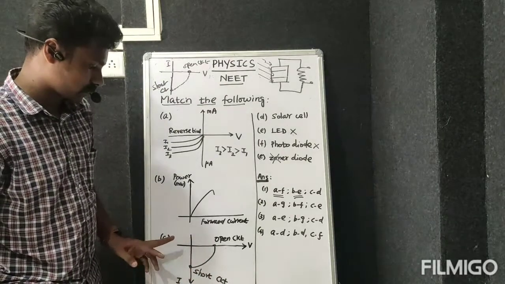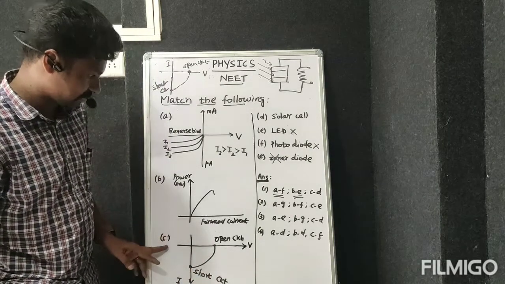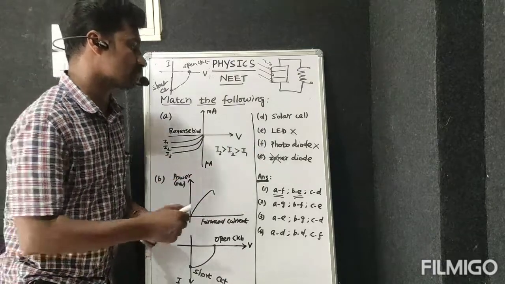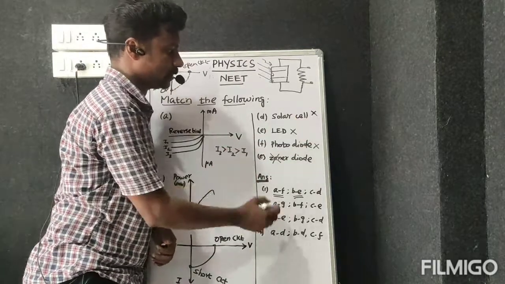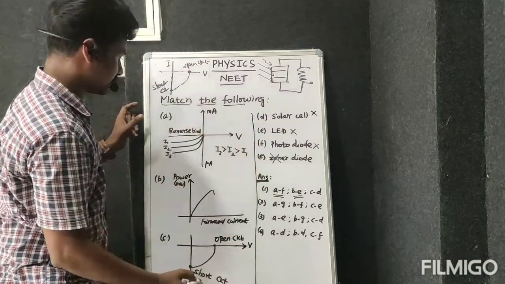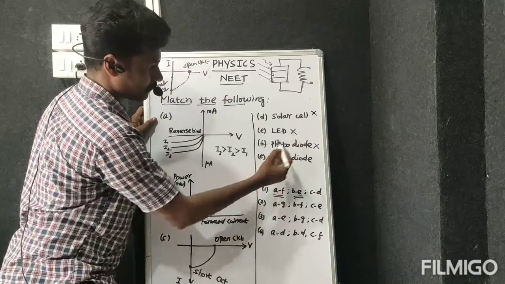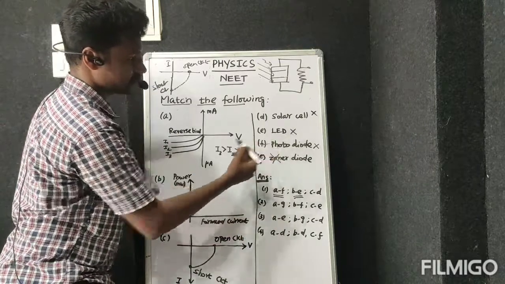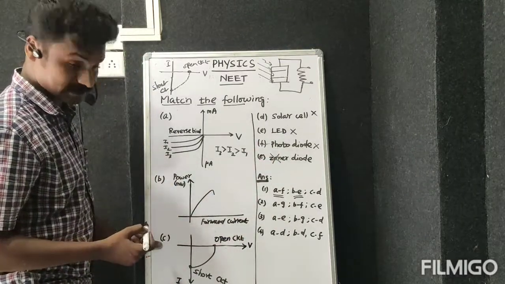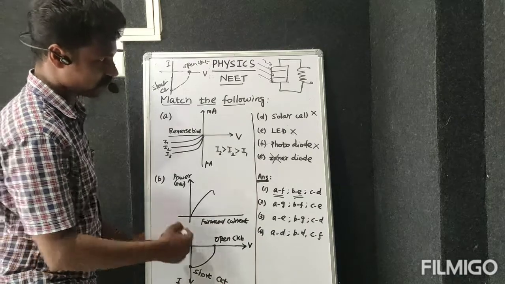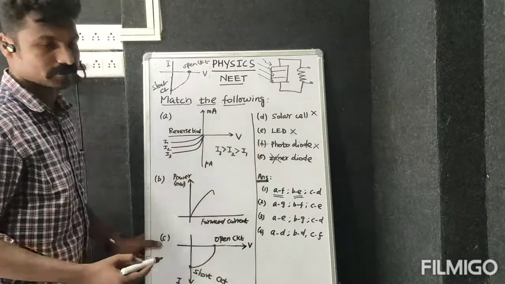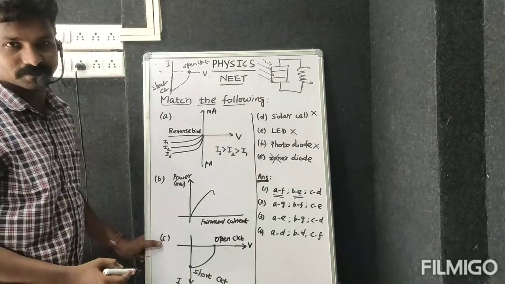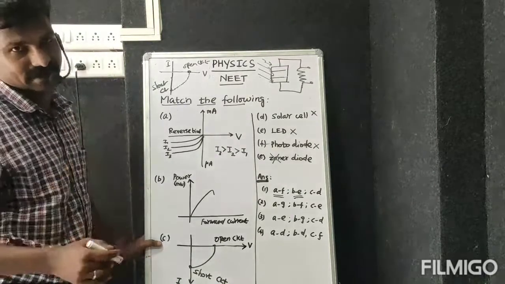So for graph C, the answer is the solar cell, that is D. So the first graph F is the photodiode, the second graph E is the light emitting diode, and the third graph is the solar cell. I hope you understand, based on the graphical explanation alone.